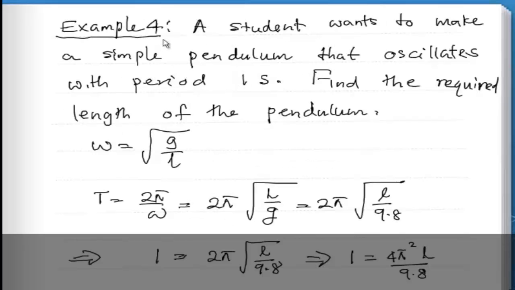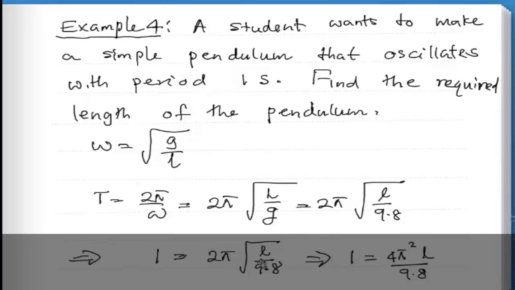Example 4. A student wants to make a simple pendulum that oscillates with period 1 second. Find the required length of the pendulum. For a simple pendulum, omega is given by the square root of g over L. But the period equals 2 pi over omega, so that's 2 pi times the square root of L over g. g is 9.8, T equals 1, so 1 equals 2 pi square root of L over 9.8.